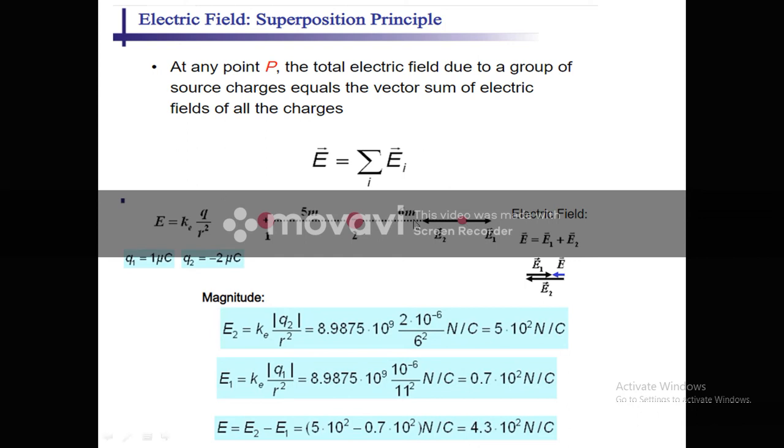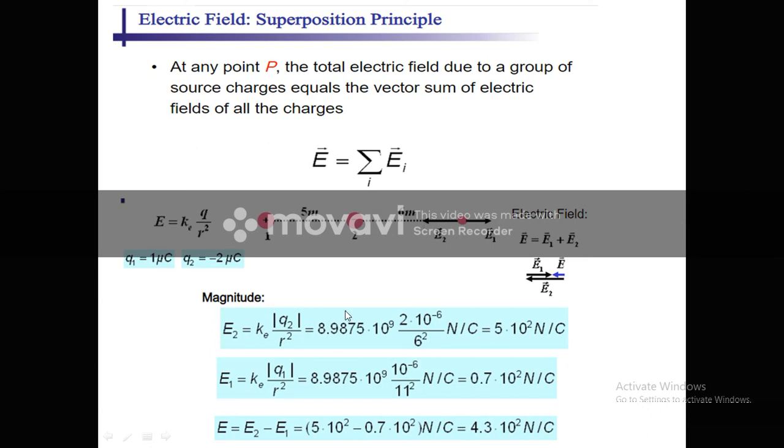The plus and negative is not mentioned with the test charge, but we know that conventionally it is always positive. So it will repel. So E1 is the electric field intensity of source charge 1. It is going to repel this, while 2 is negative, so it will attract this positive test charge, so the direction will be like that.